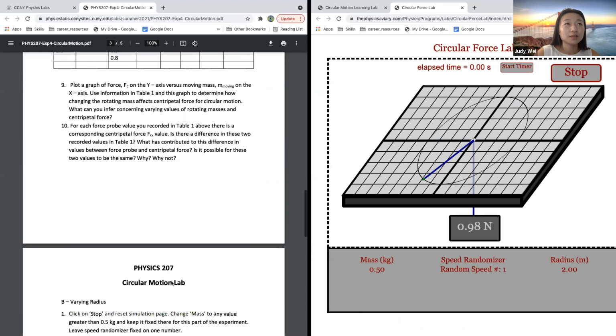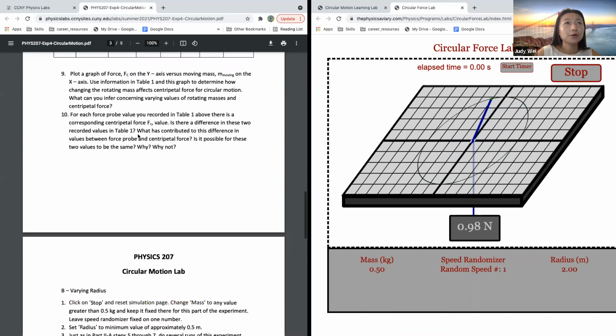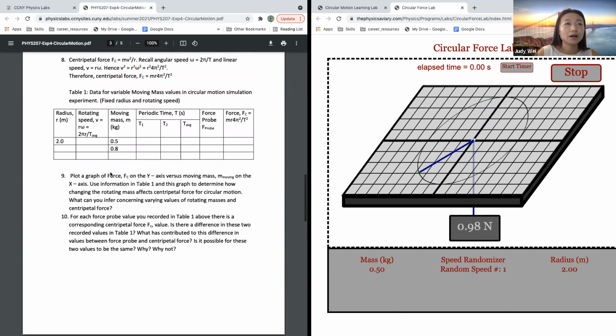So you finish the first table. And after you finish the first table, you will plot a graph of the force, Fc, versus the moving mass on the x-axis.